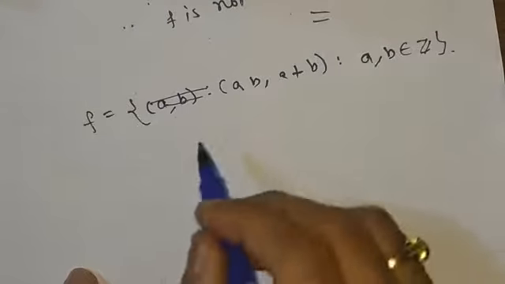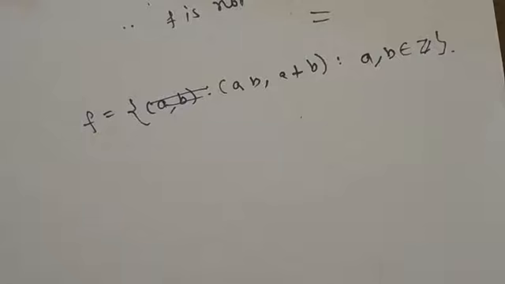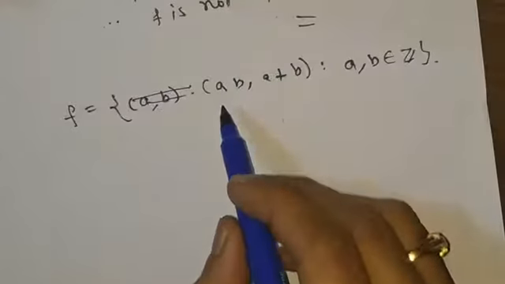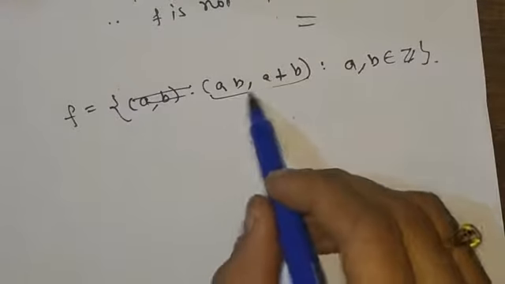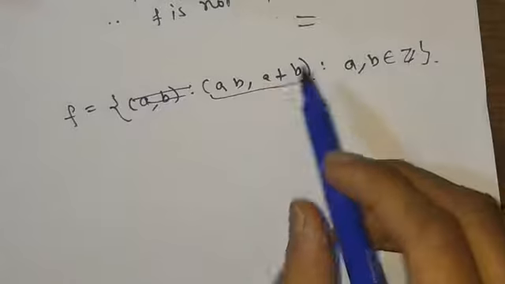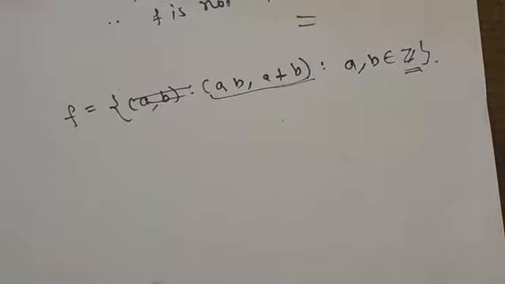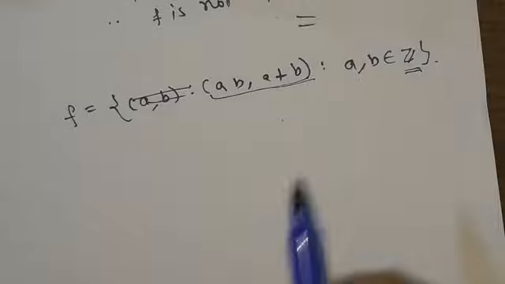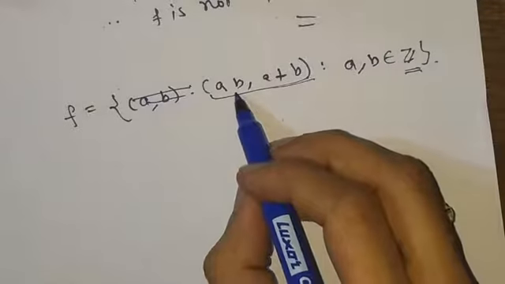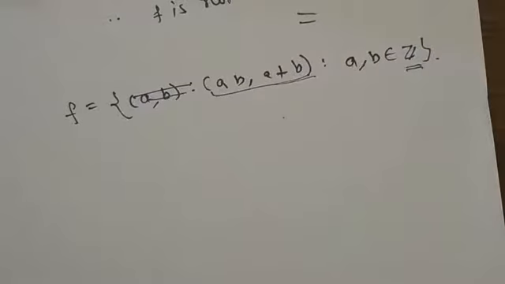This set F is a relation first of all, because the ordered pairs are of the type (p, q), where p, q belong to the set of integers. So this is a relation that you have. Now we have to check whether this relation F is a function or not.